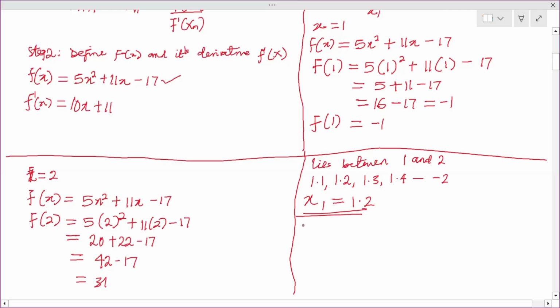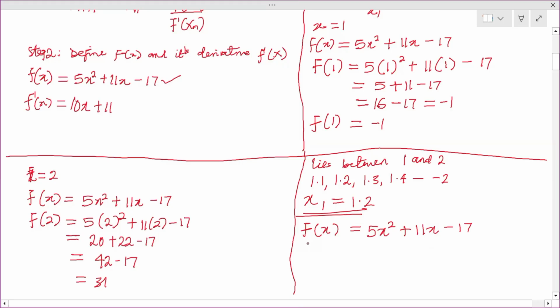So after getting my x1, the next thing is to come back to the function f of x equal to 5x squared plus 11x minus 17. So this is our function. Since I have gotten my first guess as 1.2, that is my first approximate value.